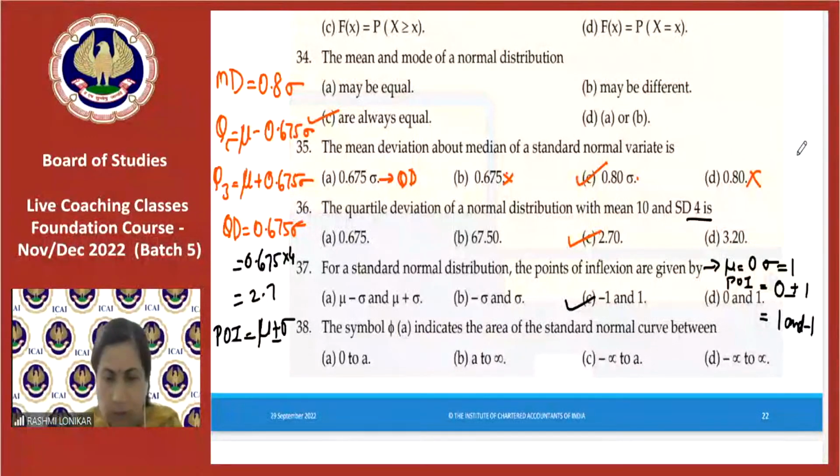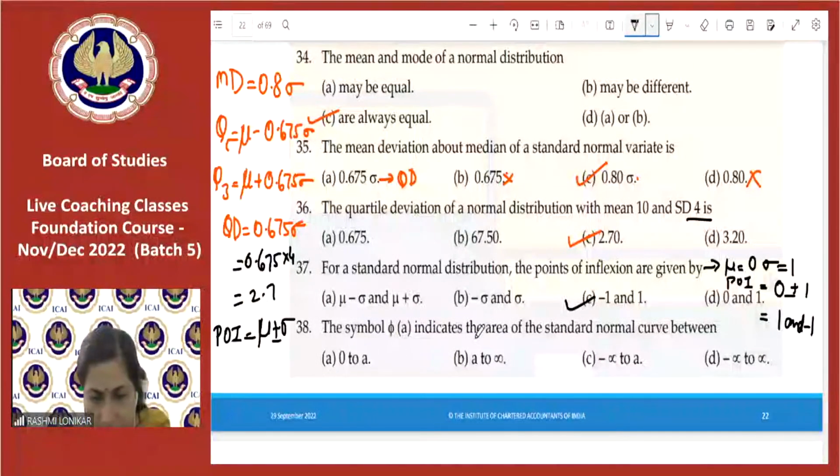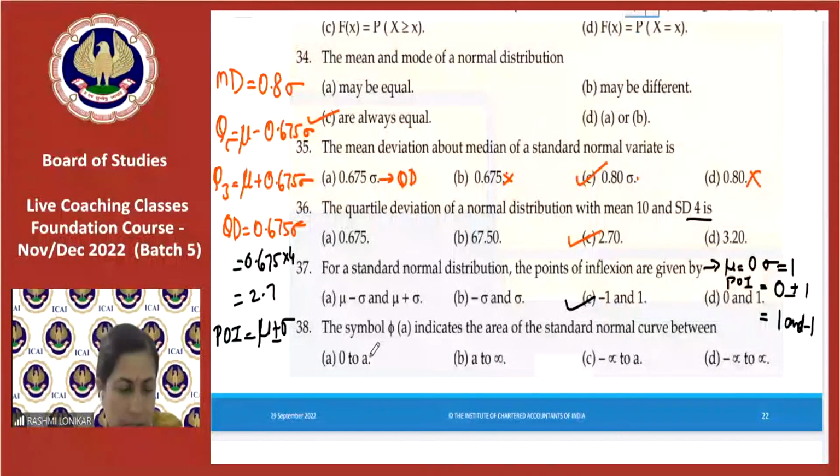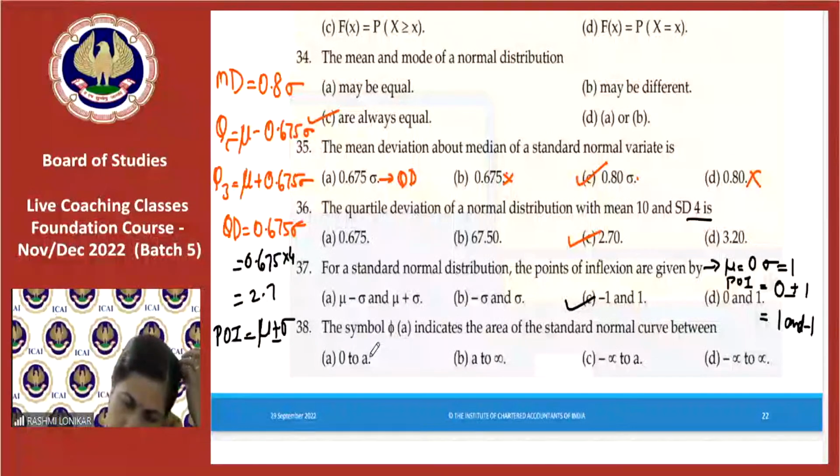Madiha, correct? Yes. 38. The symbol phi a indicates the area of the standard normal curve between what? What is the answer?